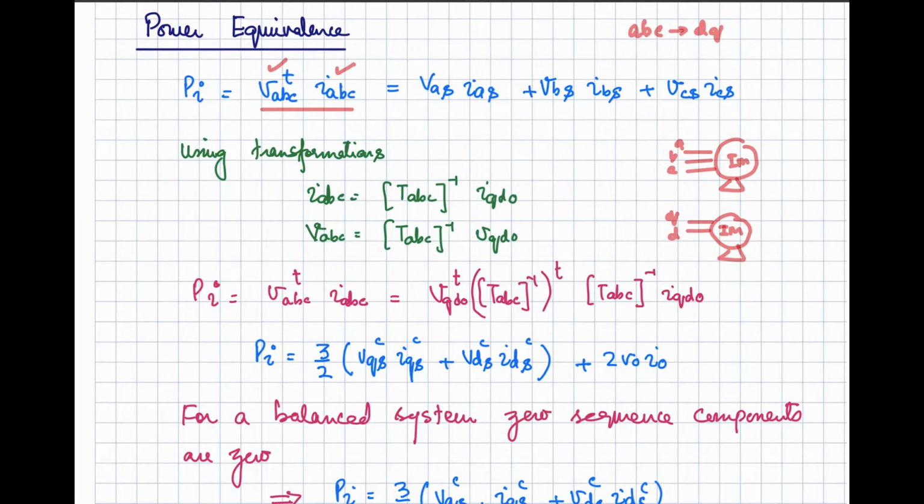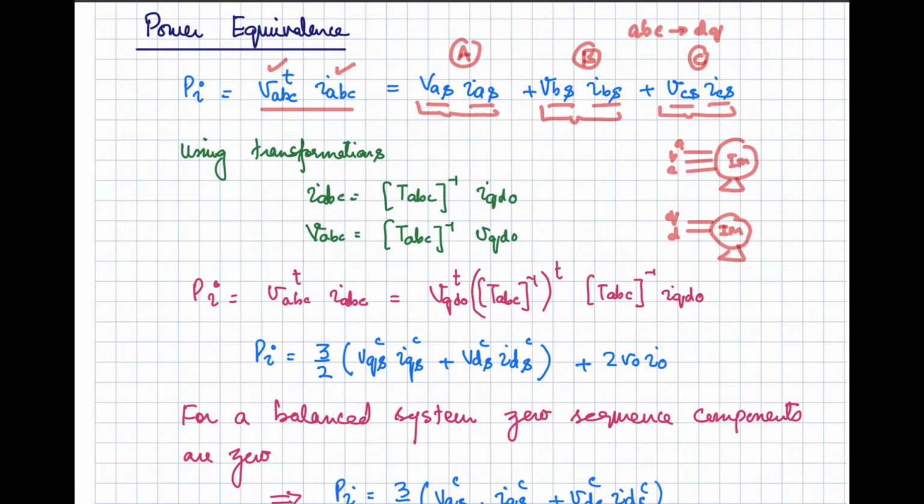Some textbooks also represent it as VABC into IABC transpose, so you can do it that way as well, but we will be considering VABC transpose into IABC. This can be written as VAS, VBS, VCS into IAS, IBS and ICS: the product of the phase A voltage and current, the product of the phase B voltage and current, and for phase C, the sum of all these will give you the three-phase instantaneous power.